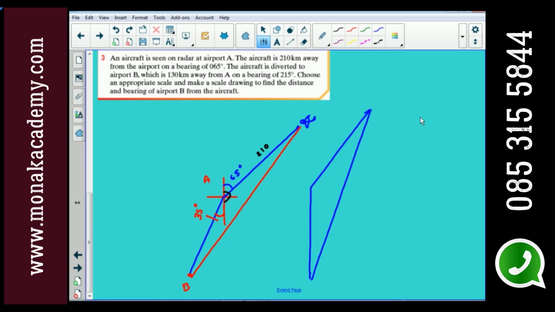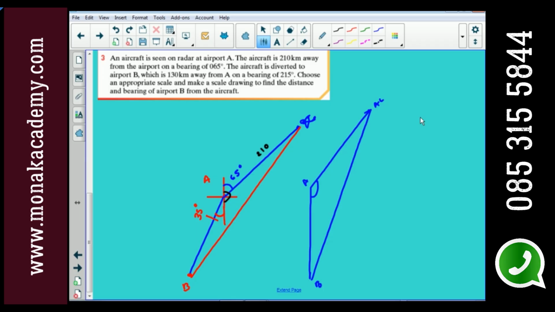Vedavi, you're not here anymore. Let's start with aircraft, airport B, airport A. So my first question to you, what is this angle? It must be the one from 65 coming to 35.